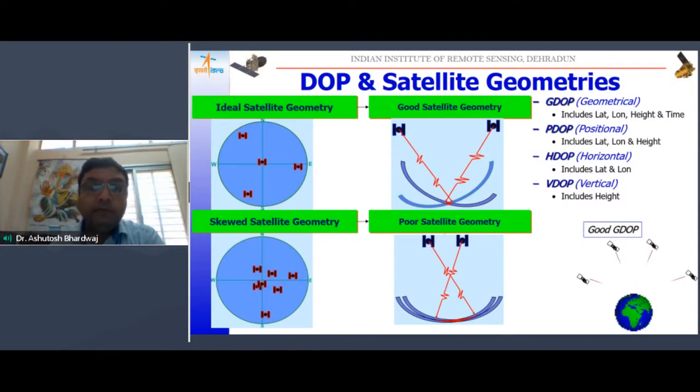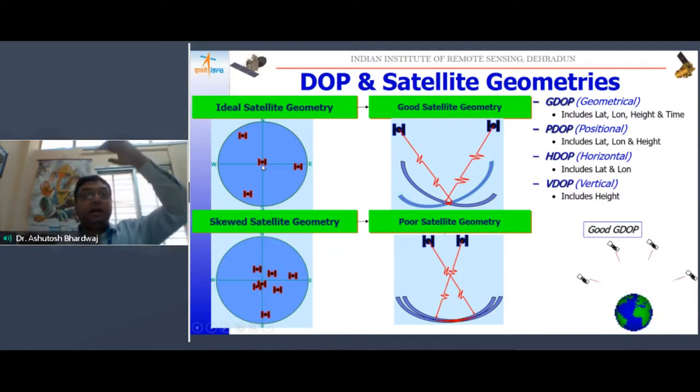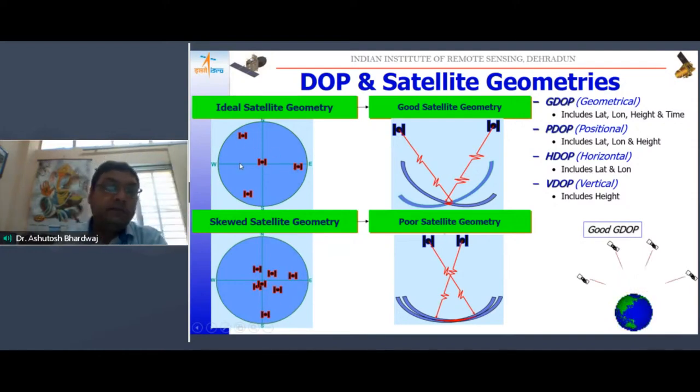Now, earlier when we used to have fewer satellites, let us assume that we are receiving the satellite signals from 4 satellites only, and the 4 satellites are placed like this, and this center is the location where we have the receiver on the ground. So one satellite we have overhead, and the 3 satellites are like this. That provides a very good geometrical solution.